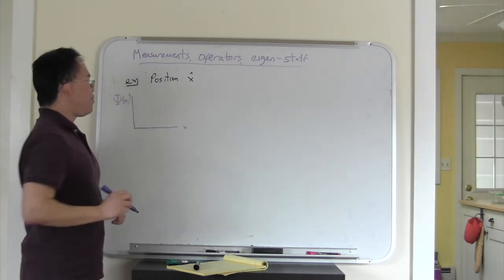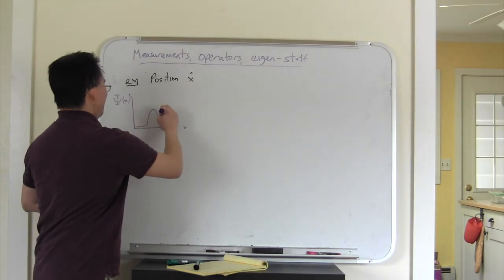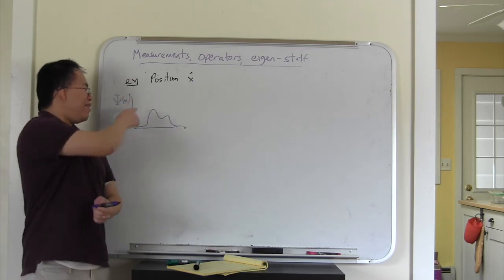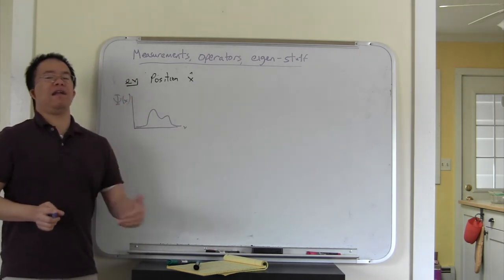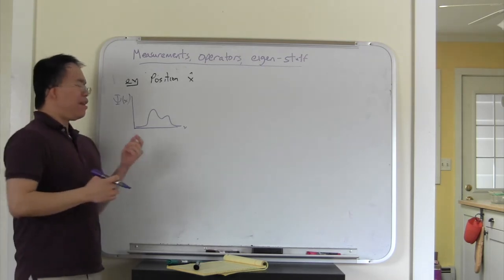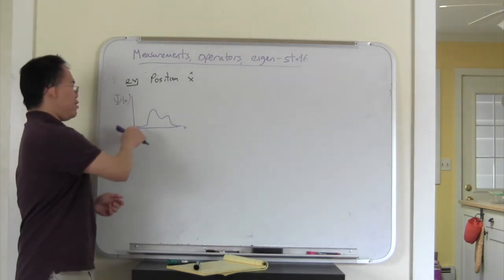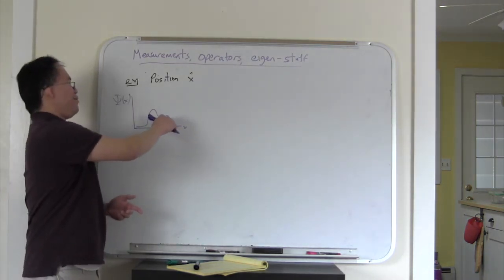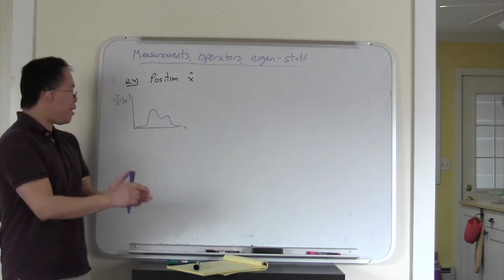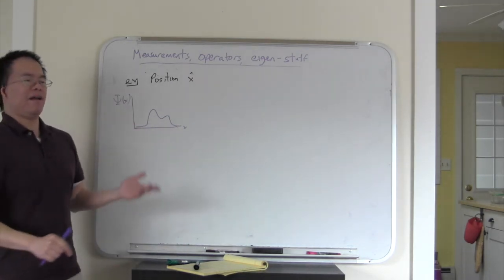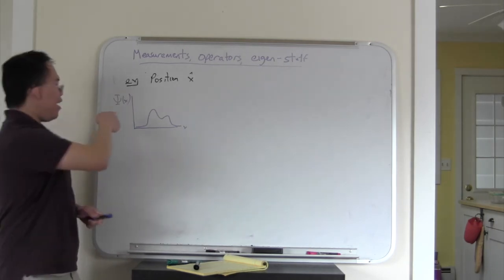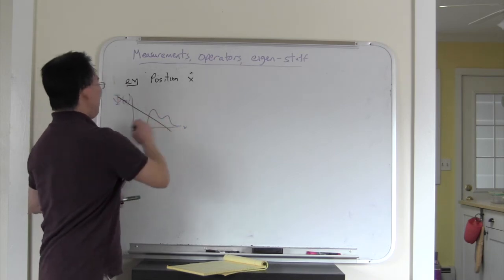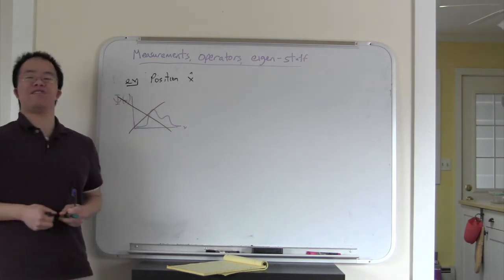If I take this wave function and I multiply it by x, that's going to end up changing the shape of the wave function. The bigger the value of x, the bigger the value I'm going to multiply psi at that value of x. So I'm not going to get the same function back, multiplied by a constant, if I have just some arbitrary shape here. So let me cross that out. That is not an eigenfunction.